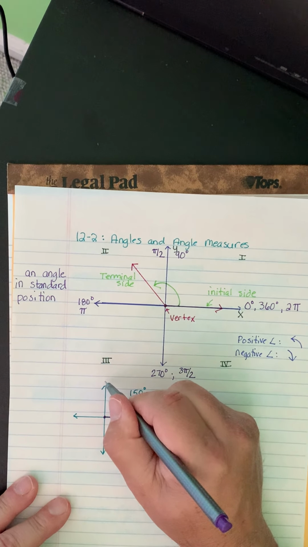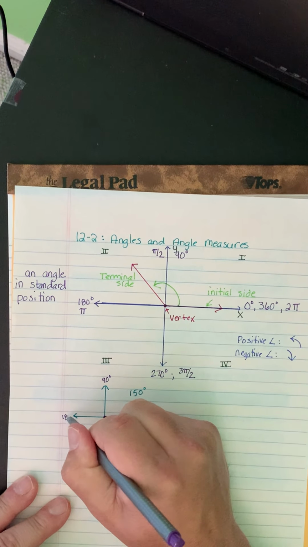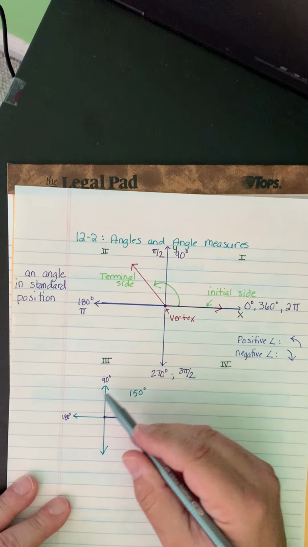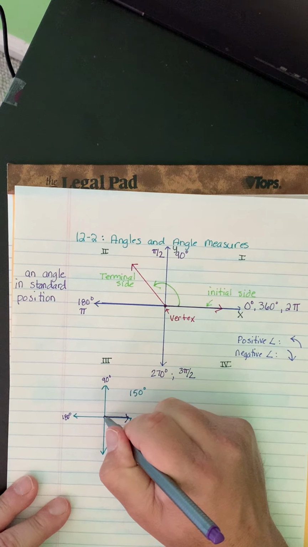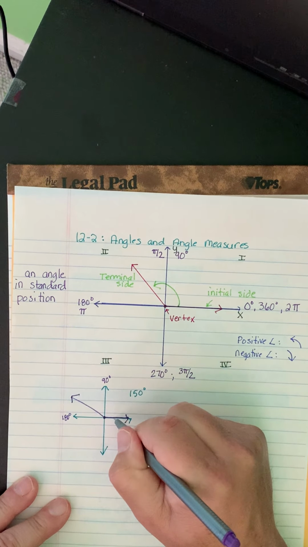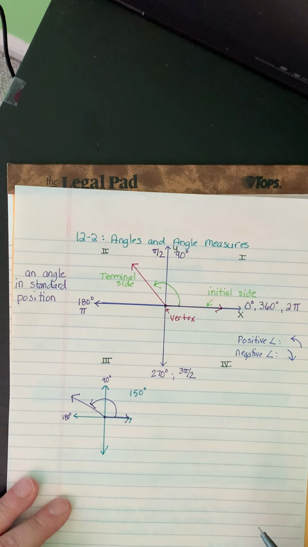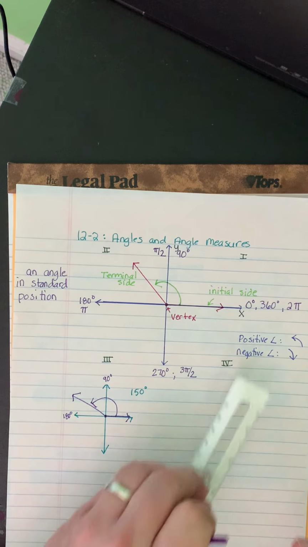Remember, this is 90 degrees and this is 180 degrees. So all we're going to do is estimate. 150 is actually going to be closer to 180. So I'm going to come over here, draw this, and put the direction I went, so I know that I was going that way. That would be a 150 degree angle. Let's try another one.